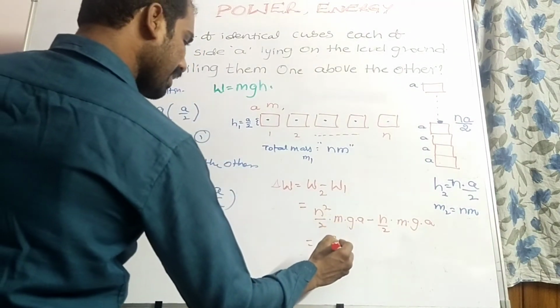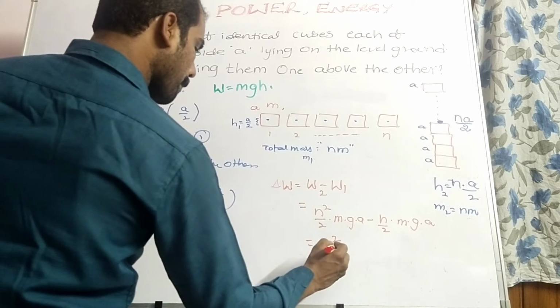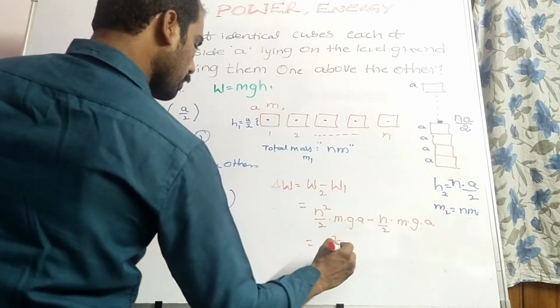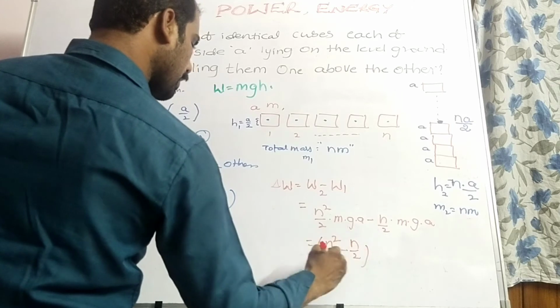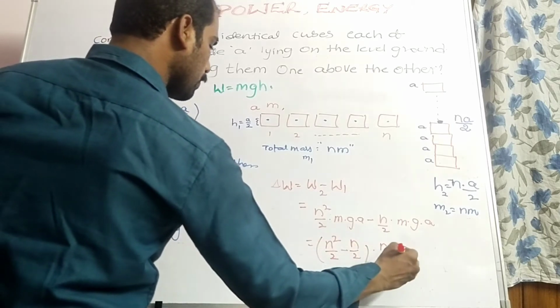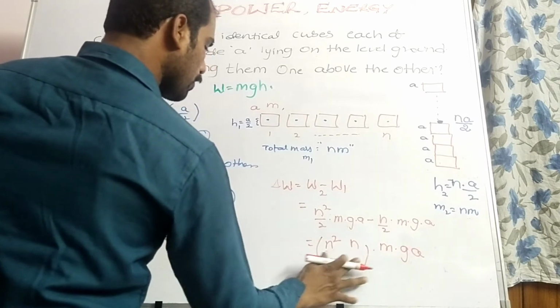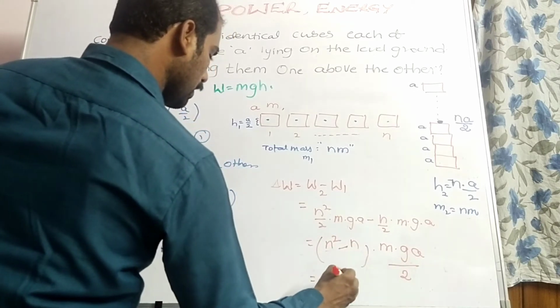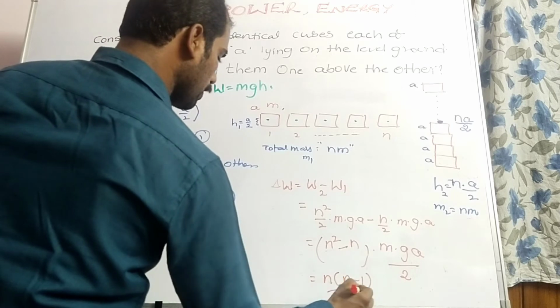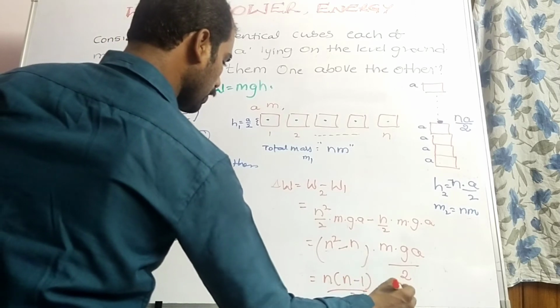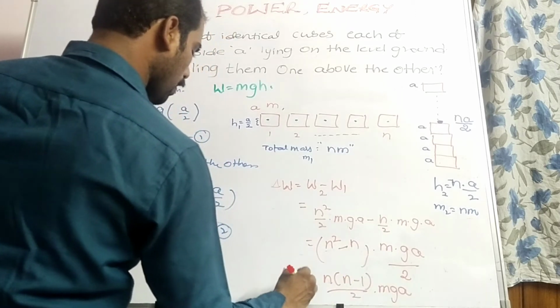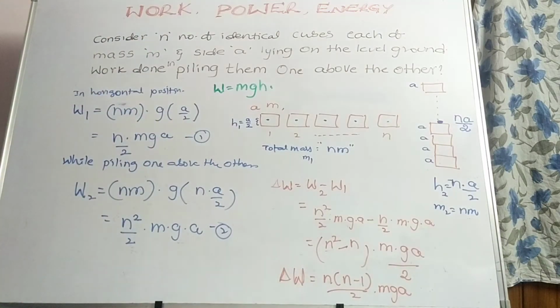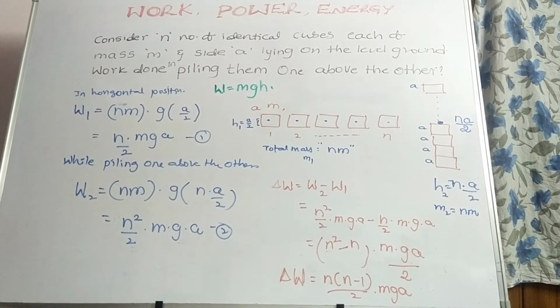So that is n square by 2 minus n by 2 into mga. That is equal to n into (n minus 1) by 2 into mga, which will be the work done to pile the n number of blocks. Okay, clear?